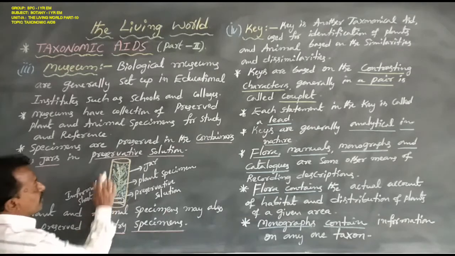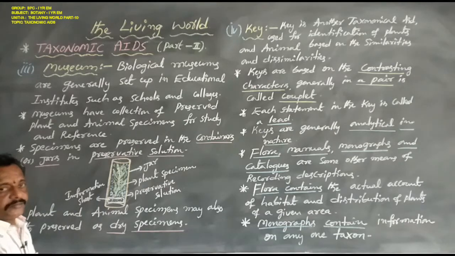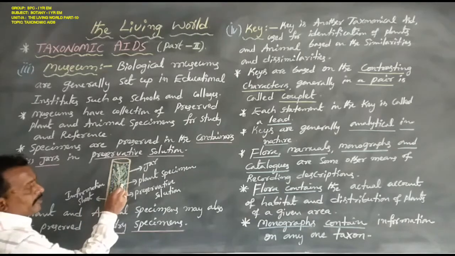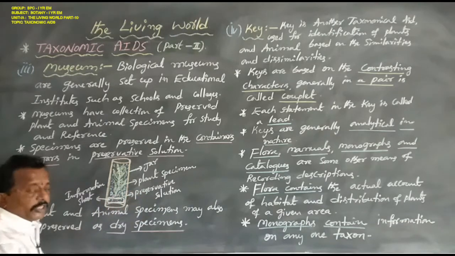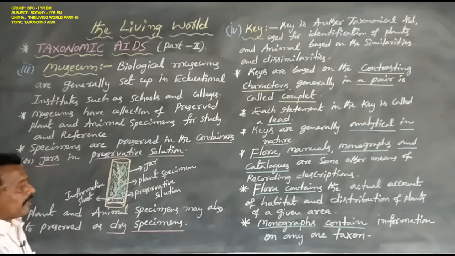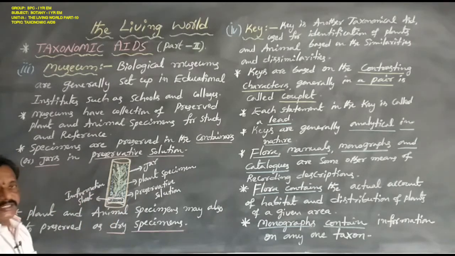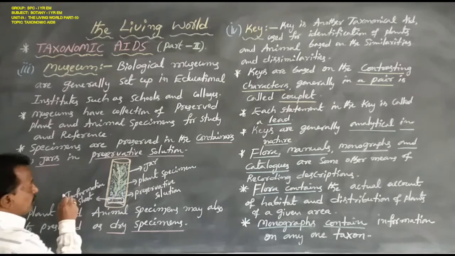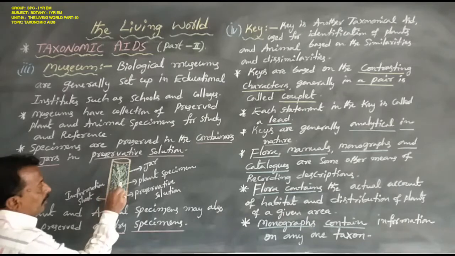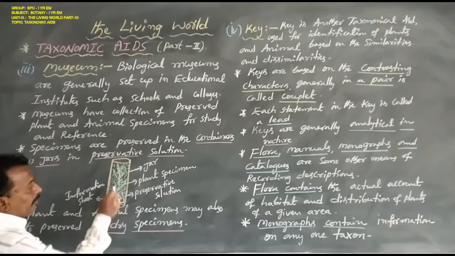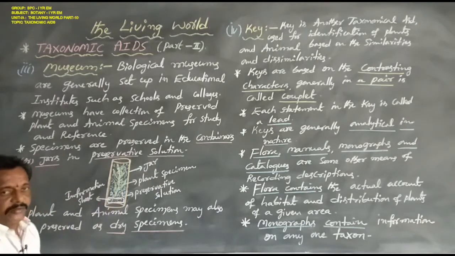For example, this is one plant specimen jar filled with a preservative solution such as acetaldehyde or acetone, and this is the information sheet, containing the local name of the plant, the botanical name of the plant, and the family.